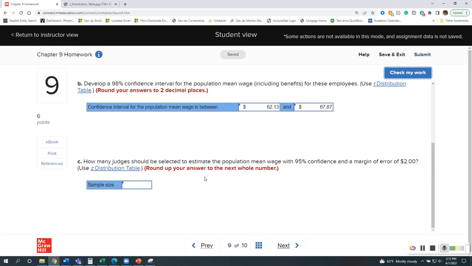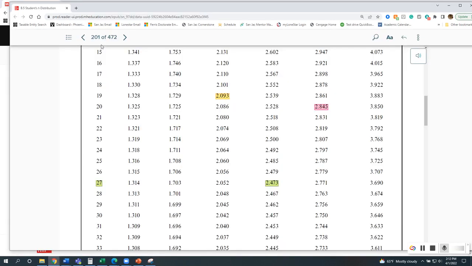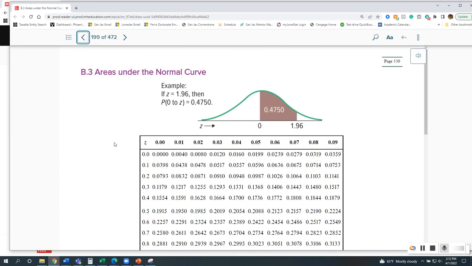Now all we have to do is figure out our z value. This one right here, sample size. Alright. So for this, we need to first find our z value, which is this for 95. So going back to our table, we already know for 95 it's going to be 1.96.